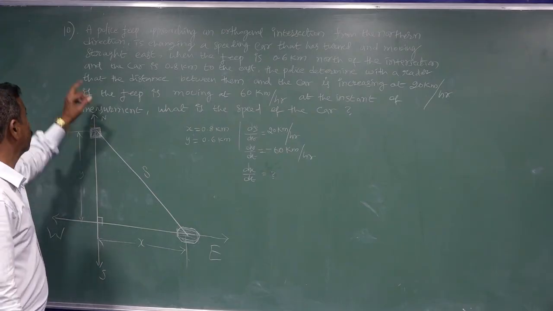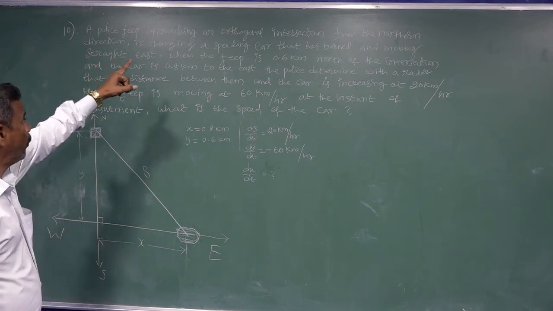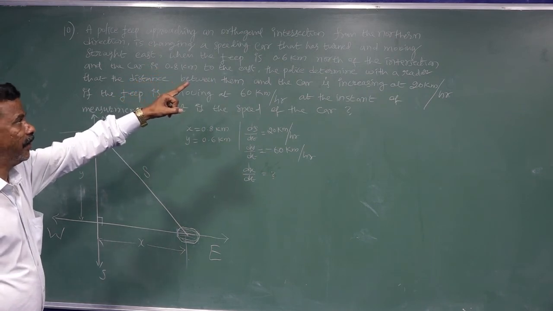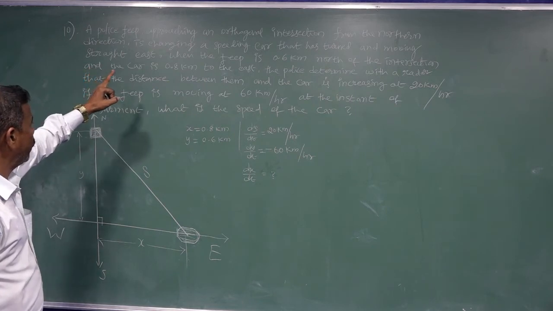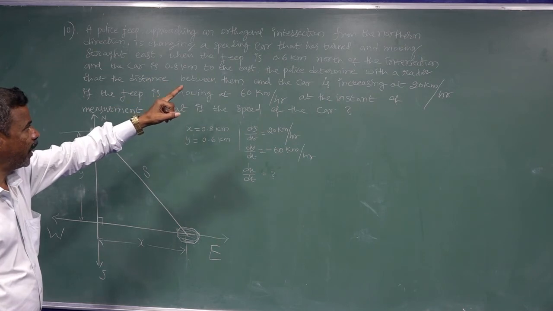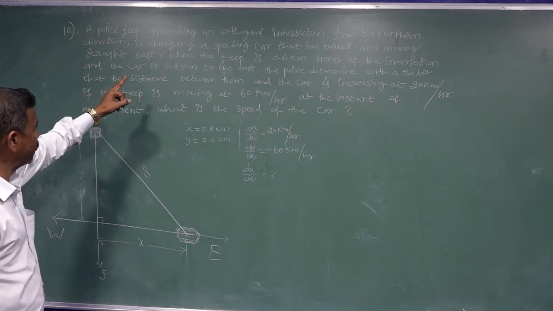Okay, children, 10th problem, last. A police jeep approaching an orthogonal intersection from the northern direction is chasing a speeding car that has turned and is moving straight east.